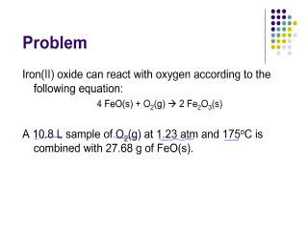Now, if you remember anything about gases, you might notice that we are not at standard conditions. This is not STP. So we can deal with that. Don't worry. And we're going to combine that with 27.68 grams of iron 2 oxide.